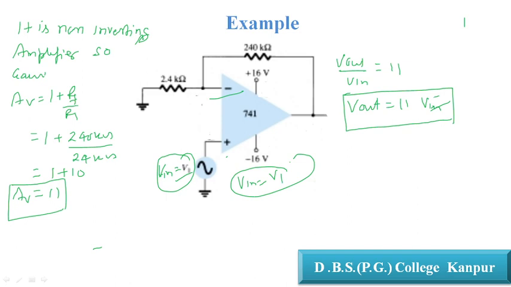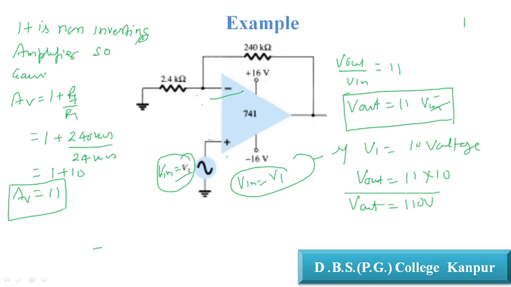If any question gives you the value, we can consider V1 equal to 10 volts. Then you get the output voltage Vout equal to 11 into 10, and your output becomes 110 volts.